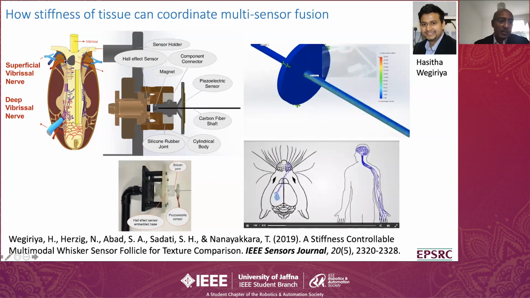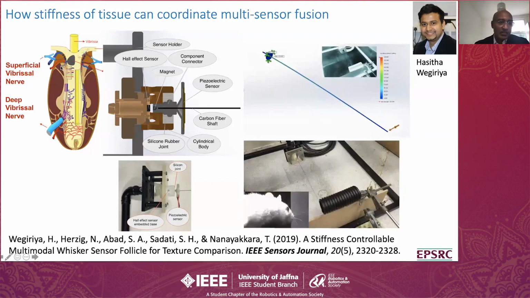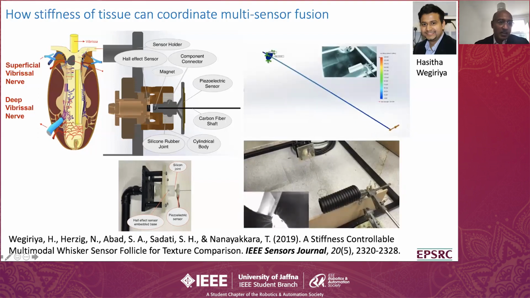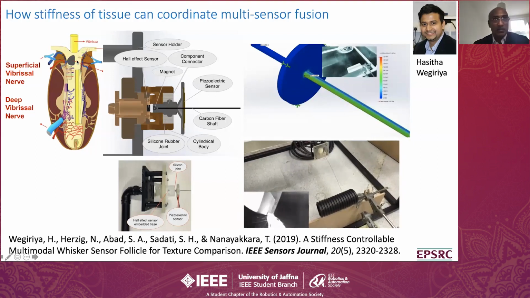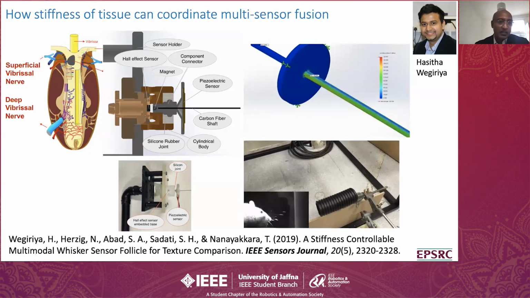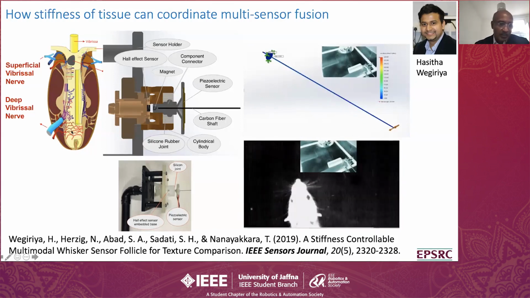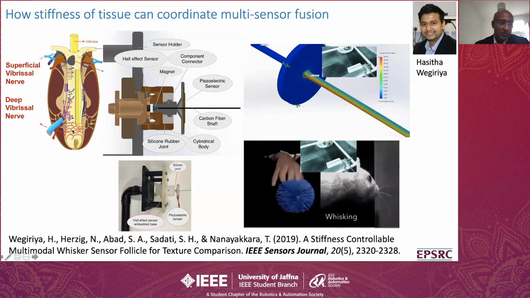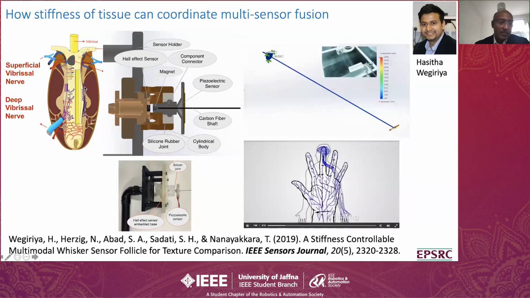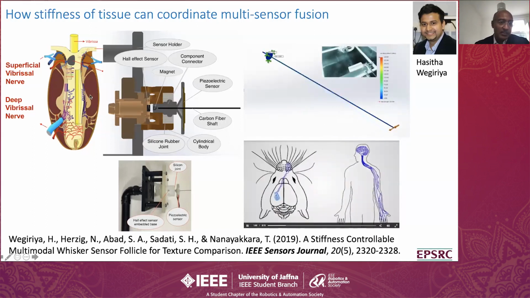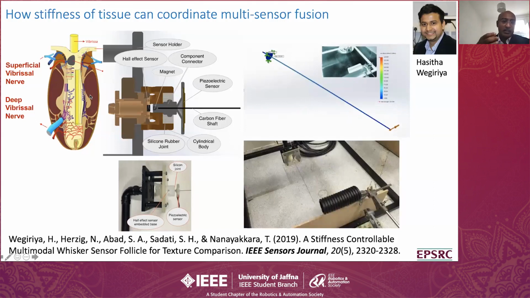So there are two nervous innervations. One is the superficial vibrissal nerve at the surface epidermis of the skin, and then there's a deep vibrissal nerve at the bottom of the stem. And in between there's a ring sinus. So there's a muscle that can contract and relax.